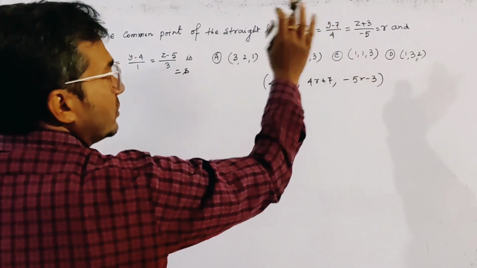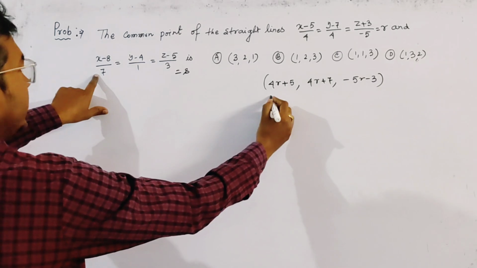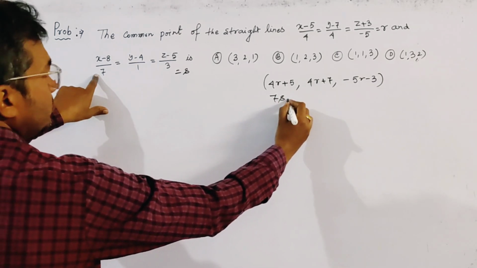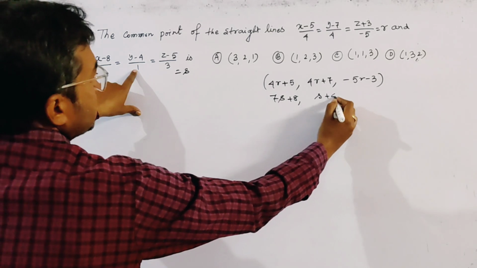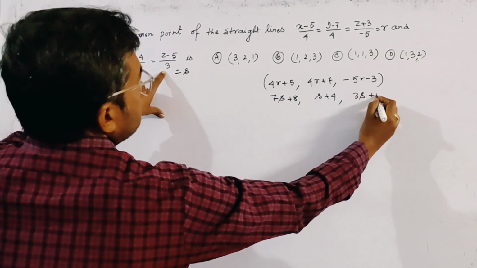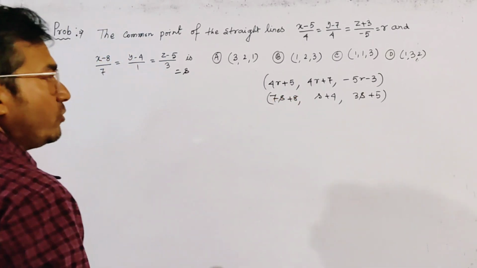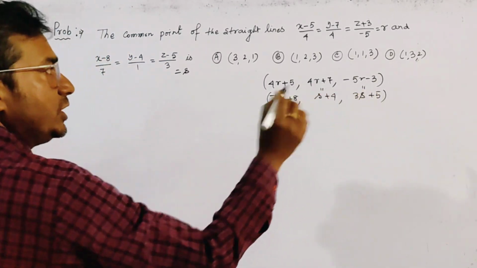This is any point on the first line, and any point on the second line is clearly 7s plus 8, s plus 4, and 3s plus 5. And for the point of intersection, this and this must be equal.